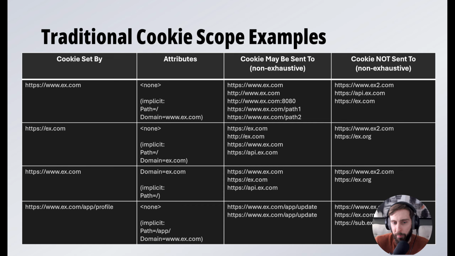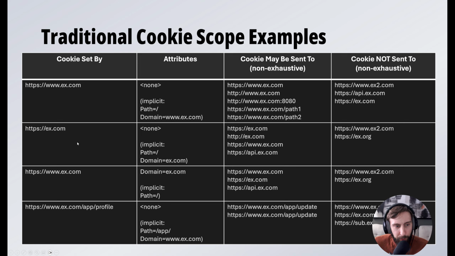They're a lot more permissive, so they would go to both of these. Any path that you specify here, because the path has been set to the root, they're going to be sent to. What you're not going to send this cookie to is a different domain. It's not going to be sent to different subdomains. And in this case, it won't actually be sent to the root domain because without specifying domain, it gets scoped to www as a subdomain.